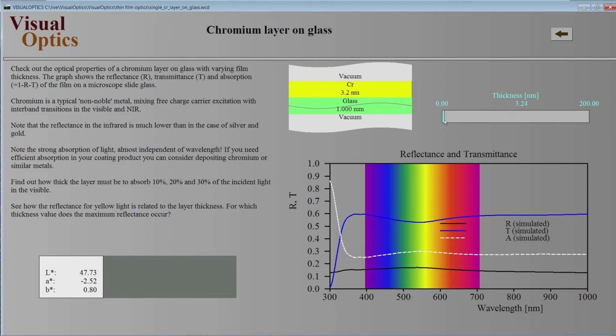So in that case, you have to carefully make sure that all the normal metal layers in the stack, like nickel chromium, are completely oxidized. So you turn them into a transparent, absorption-free oxide.